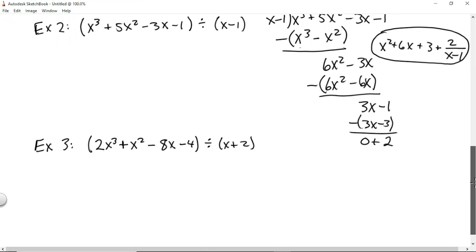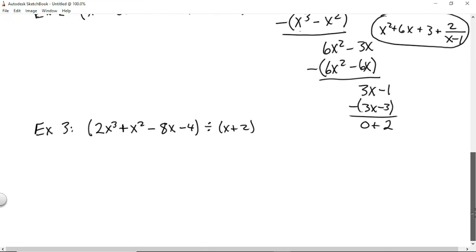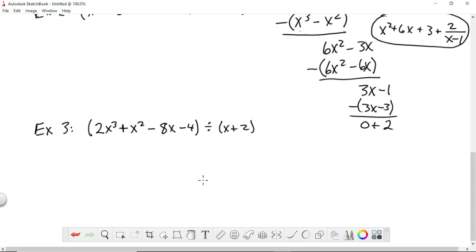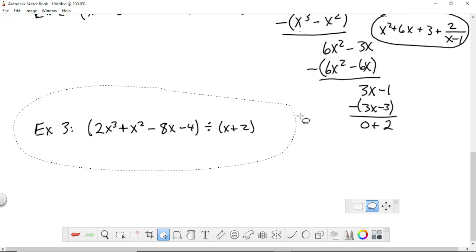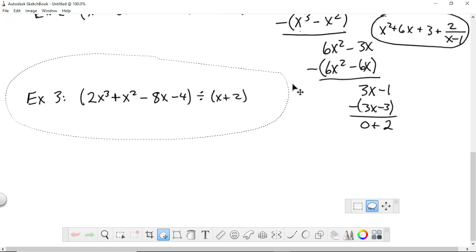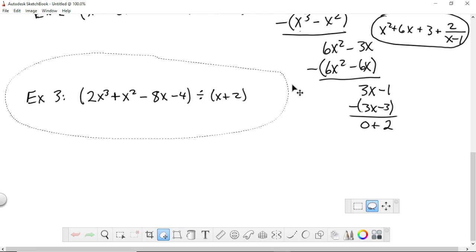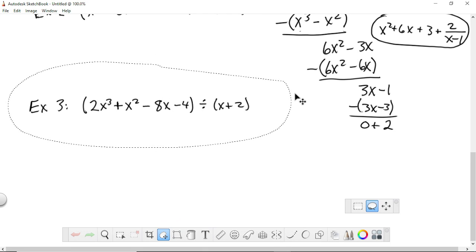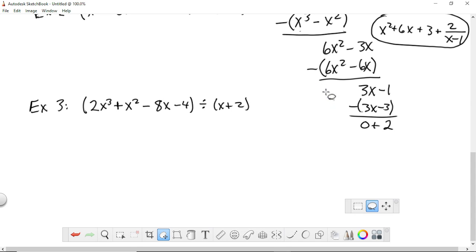Okay, one more. I'm going to probably move this up a little bit to make sure I have room. This will be a little bit crowded, but it'll be fine. I'll move this up, and that way I can write the problem down below it.